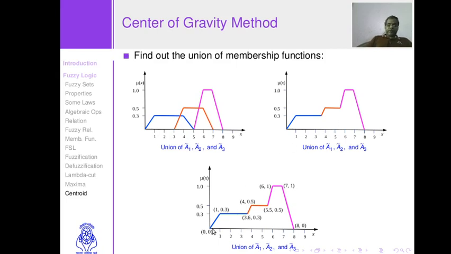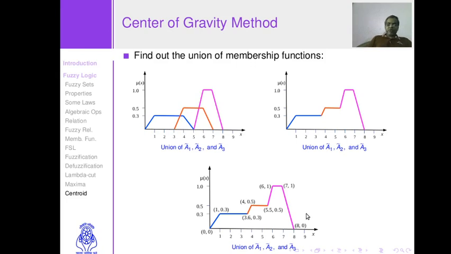Now you find out the coordinates of these corners, so that we can divide the entire region into sub-regions and easily perform our calculations. One segment is this from 0 to 1, 0.3. Another segment is this one, the third one is this, fourth this, fifth, sixth and seventh.